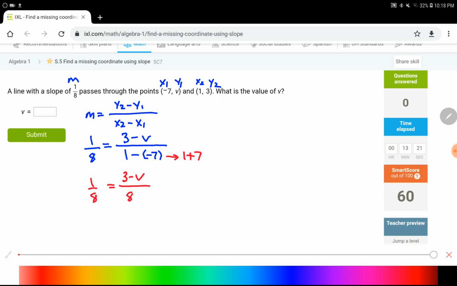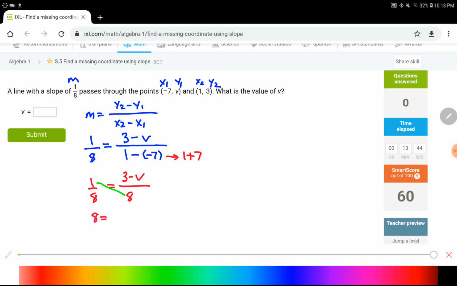Now, I see that the answer is going to be 2, but you're going to be confused when I use another method, so I will just continue doing the same thing that I have done in the other questions. 1 times 8 is 8.